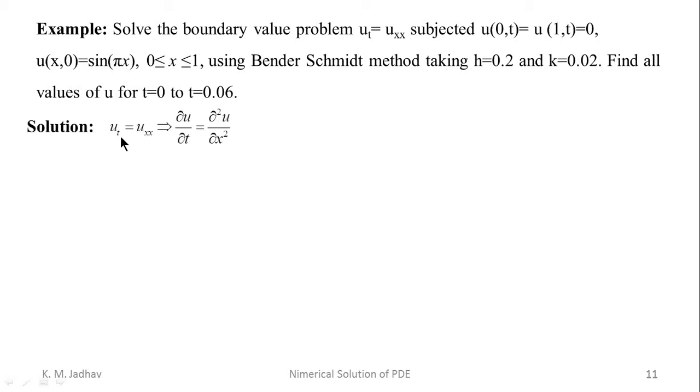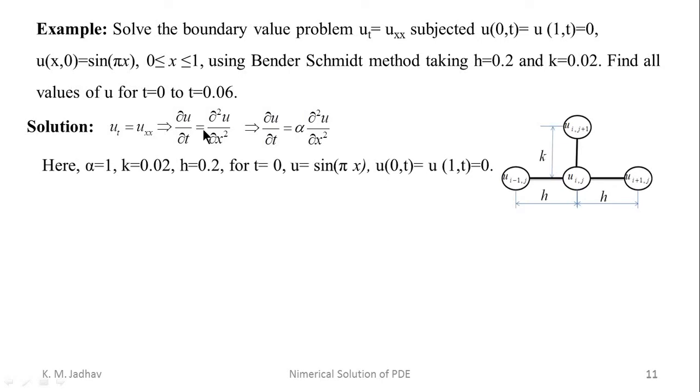Here u_t means ∂u/∂t and u_xx means ∂²u/∂x². We can compare this with the one-dimensional heat conduction equation. If you compare, then we can say alpha is equal to 1. Then h and k are given. It is given u(x, 0) = sin(πx).